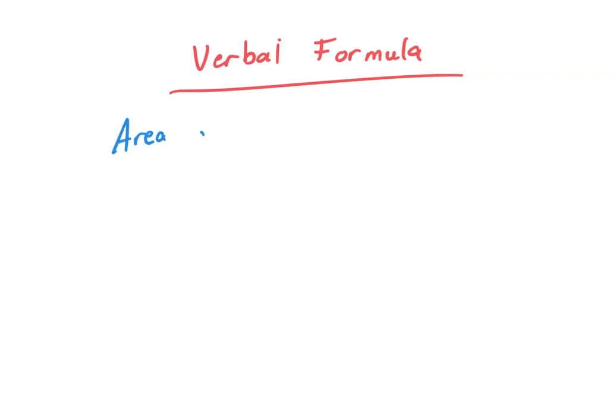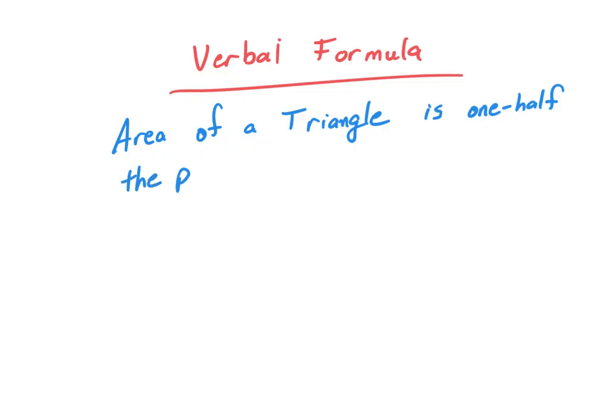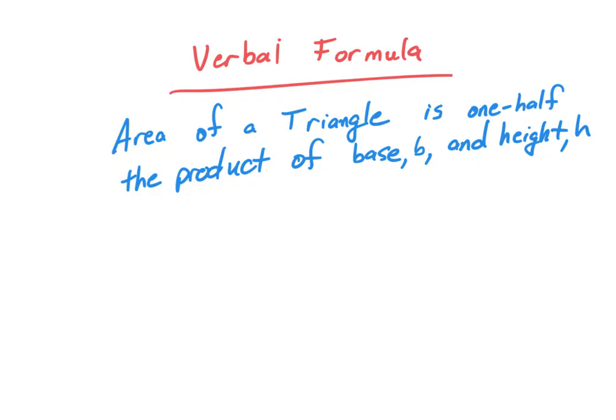The area of a triangle is 1/2 the product of base B and height H. And we've seen the area of a triangle formula before.